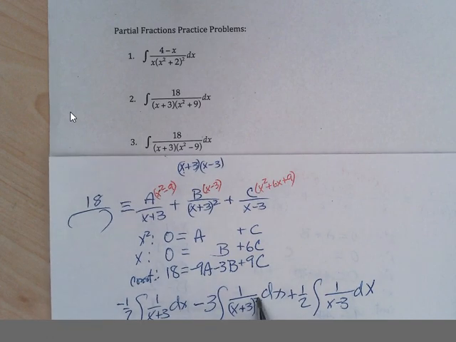This is squared, so it's not ln. U equals x plus 3, du equals dx. So this is 1 over u squared, or u to the negative 2. Integrating it becomes u to the negative 1, or 1 over u. U to the negative 1 divided by a negative 1.